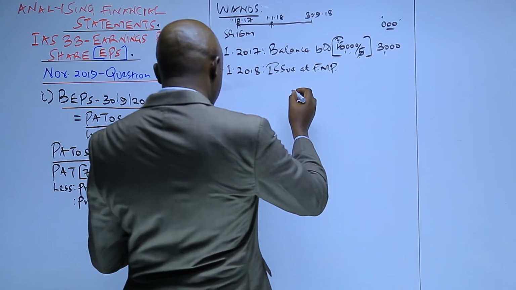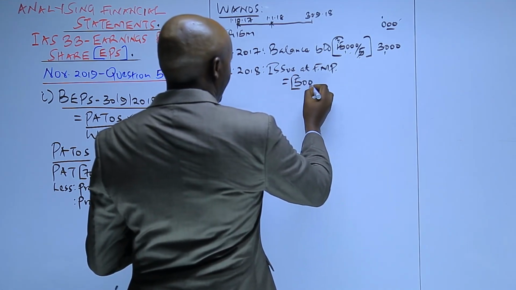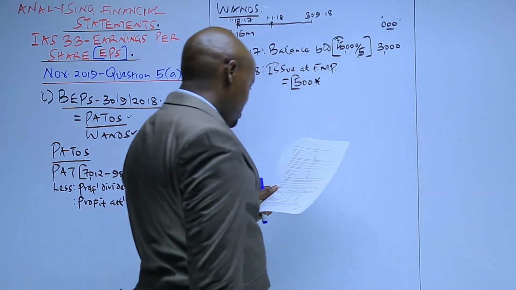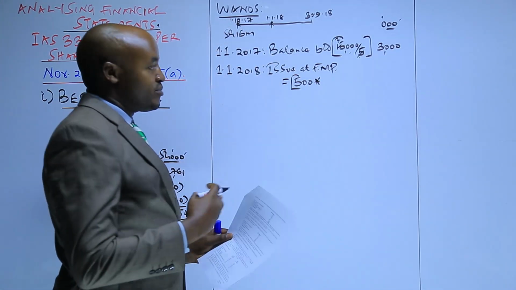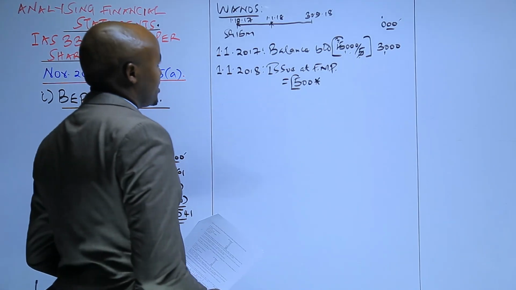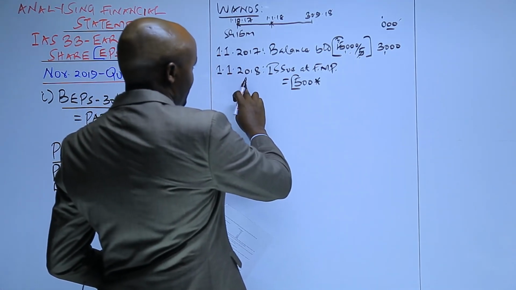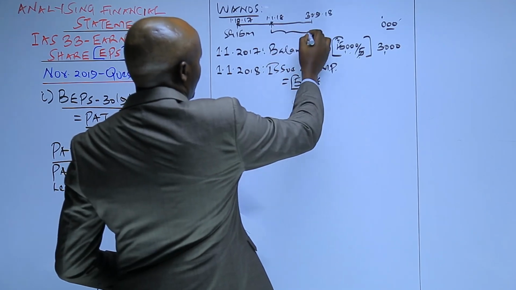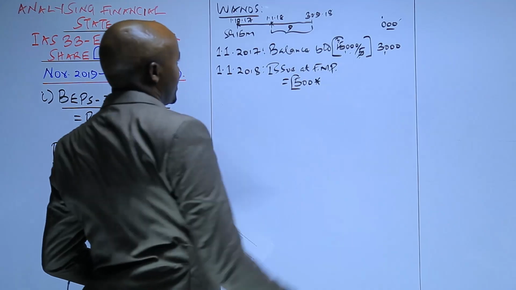Now, these particular shares which are issued at full market price, we said in terms of how we treat them, for the purpose of computing the basic earnings per share, we weigh them on a time basis. We multiply them with the proportion of time they were held during that year. So these shares were held from 1st January 2018 to 30th September, so here we have 9 months.